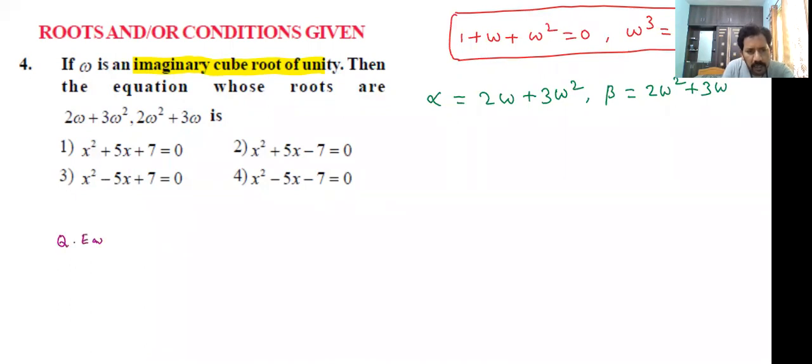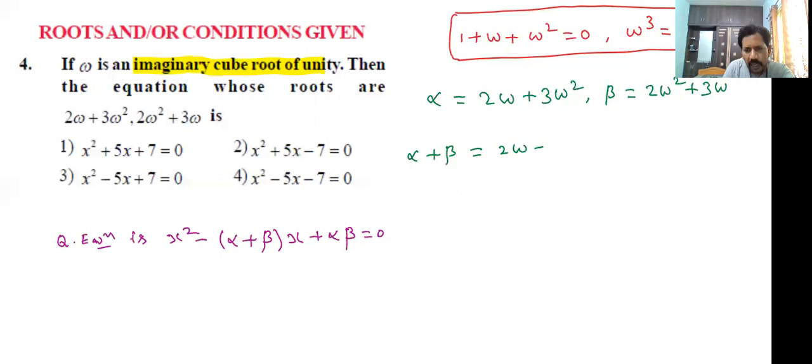If alpha and beta are roots, how to form the quadratic equation? x square minus sum of the roots into x plus product of the roots is equal to 0. This is the formula. Now first find alpha plus beta, the sum of the roots.